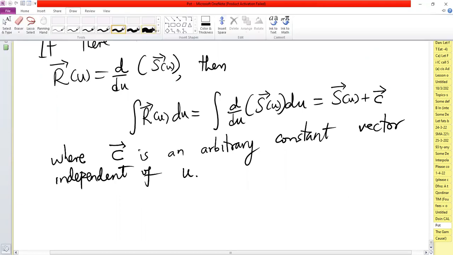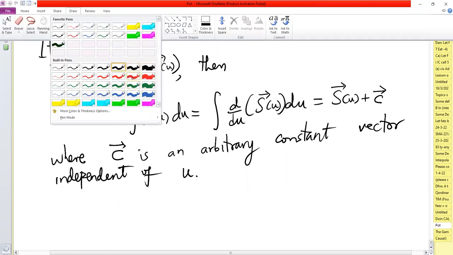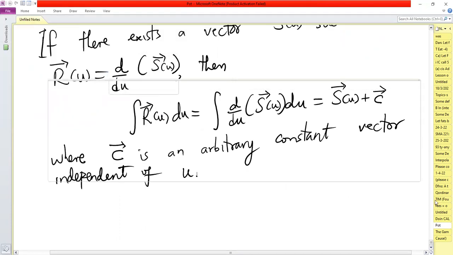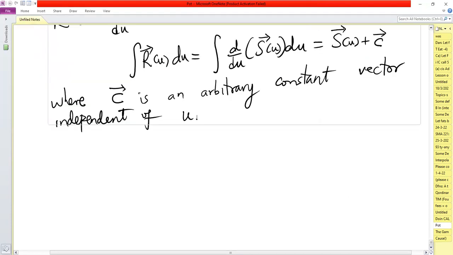Now we can also define the definite integral for vector functions, just as we do in calculus.